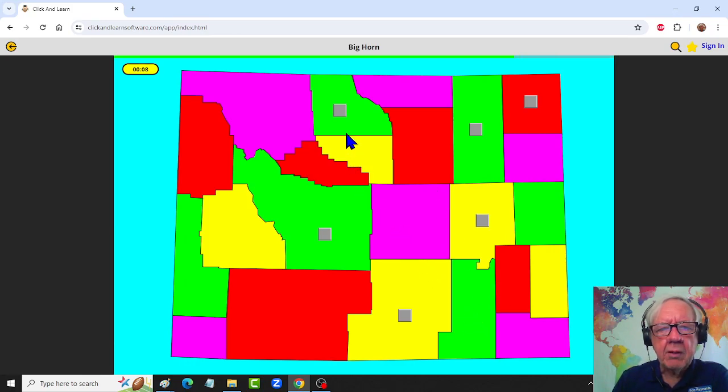I'm going to start over. Albany, Bighorn, Campbell, Carbon, Converse, Crook, Fremont. Two seconds over. Albany, Bighorn, Campbell, Carbon, Converse, Crook, Fremont.